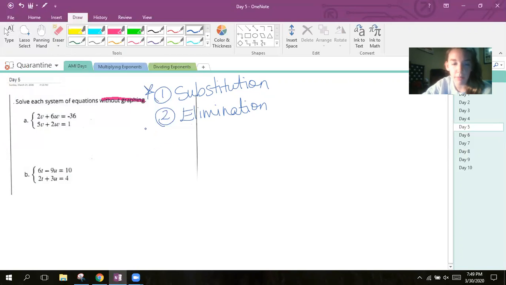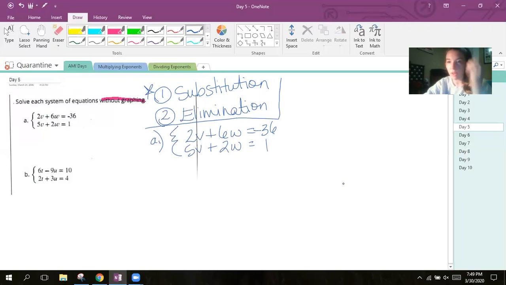So let's look at A. Let me kind of mark this off. Let's start with A. So we have our system. We have 2v plus 6w equals negative 36, and then we have 5v plus 2w equals 1.